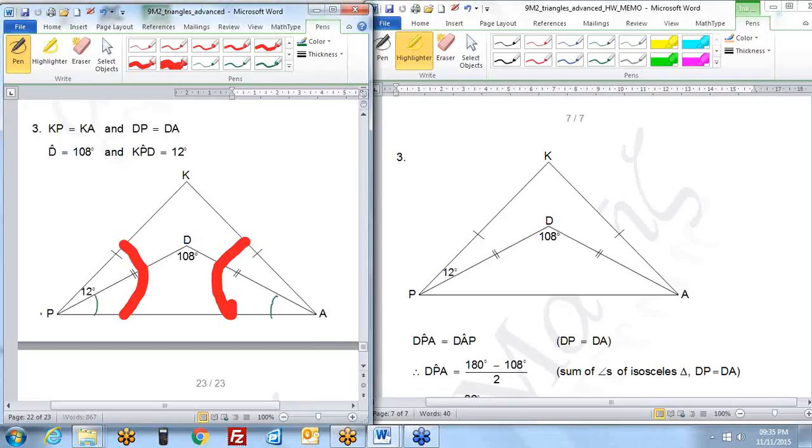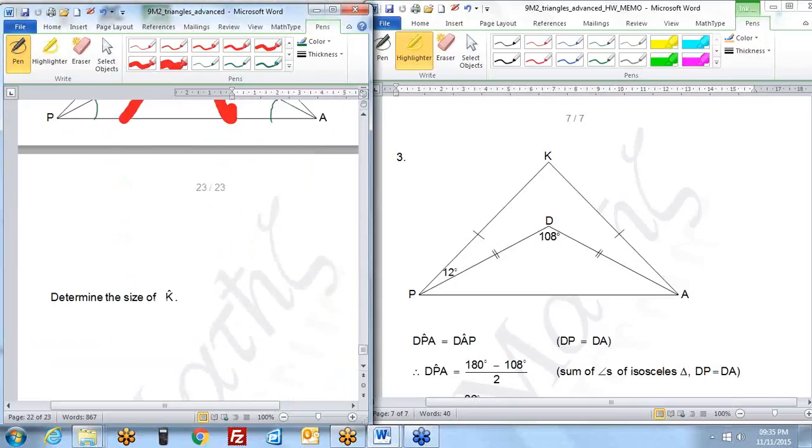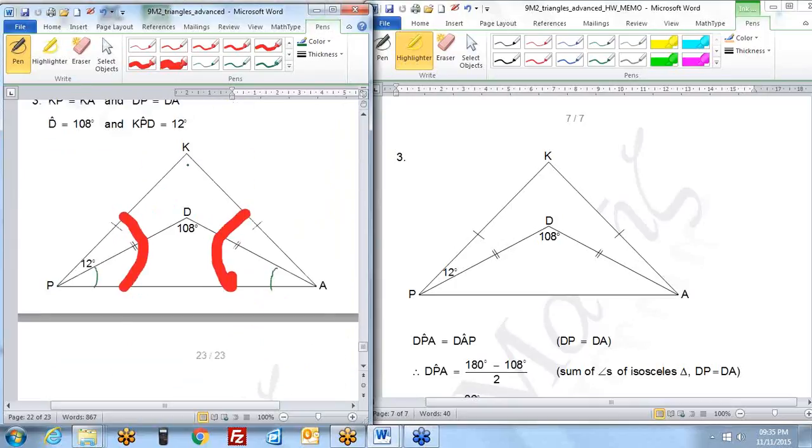So you work with a big triangle PKA and the smaller triangle PDA. So now they tell you that angle D is 108 degrees and angle KPD equals 12 degrees. And they want you to determine the size of angle K, this one here at the top.